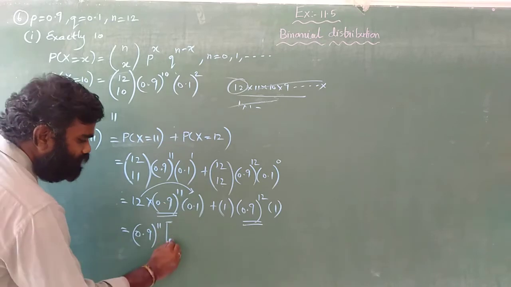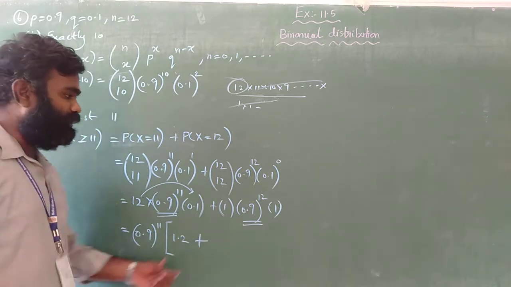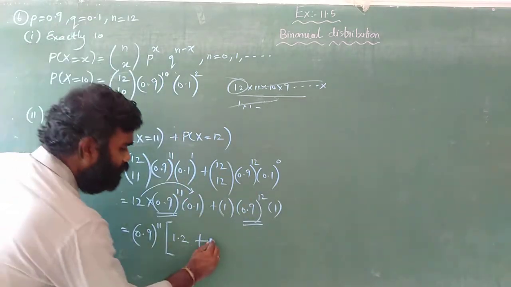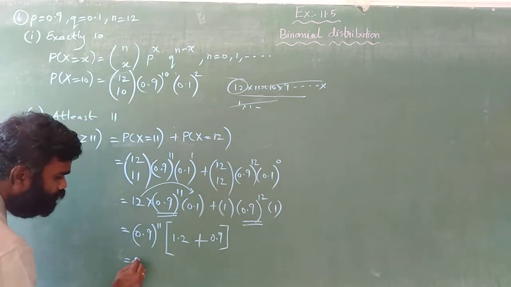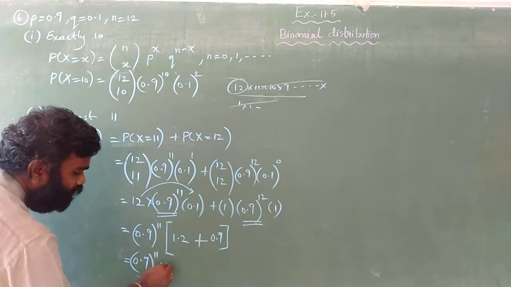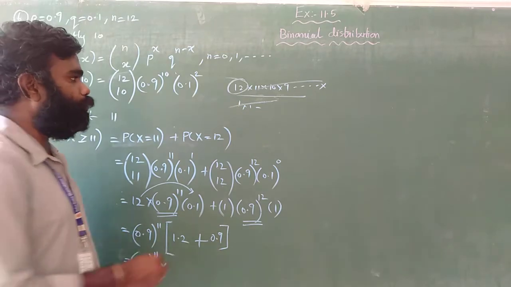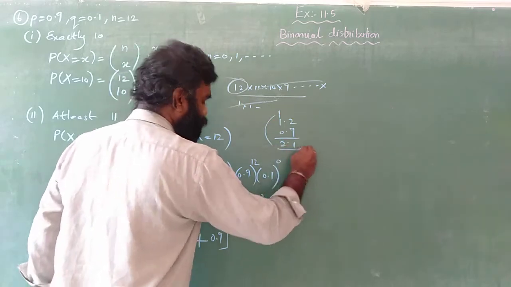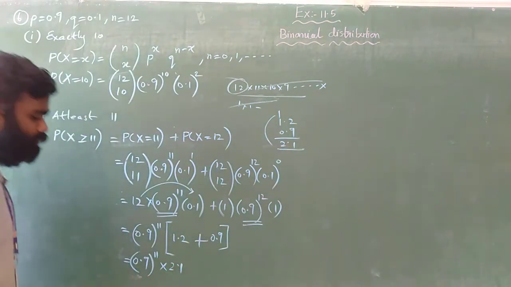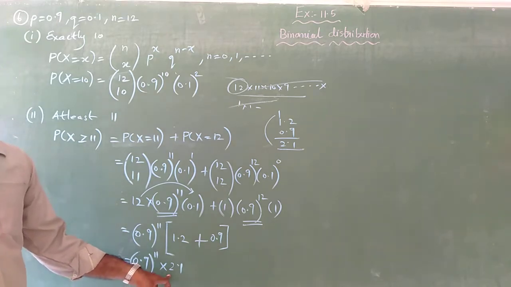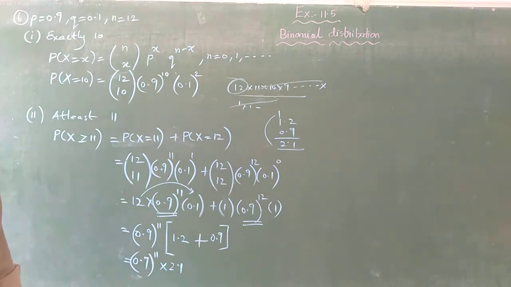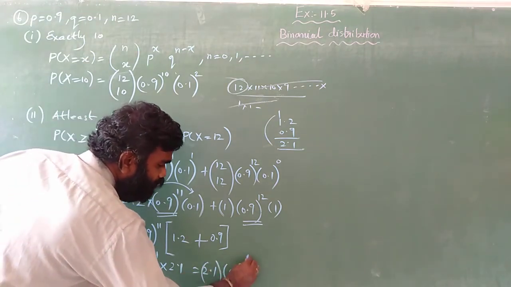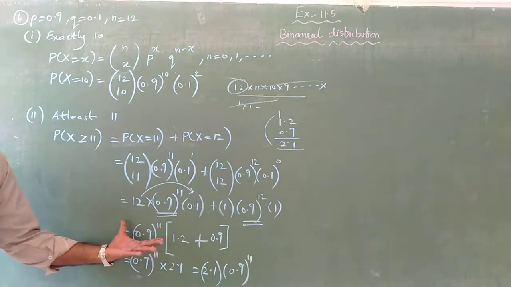Then 12 into 0.1 is 1.2, plus 0.9, since power 12 with 11 taken out leaves one 0.9. So 0.9 whole power 11 into 1.2 plus 0.9, that is 2.1. Therefore, 2.1 into 0.9 whole power 11 is the required answer for this sum.